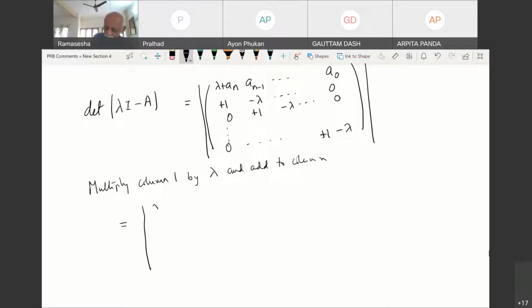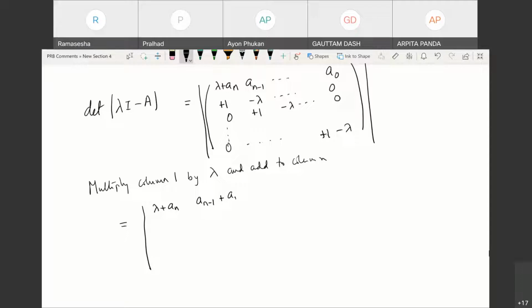Some lambda plus an, okay, and then I have a minus 1, okay, plus I'm multiplying by lambda, right? So it will become a n lambda plus a n squared lambda plus a n lambda plus lambda squared, okay?